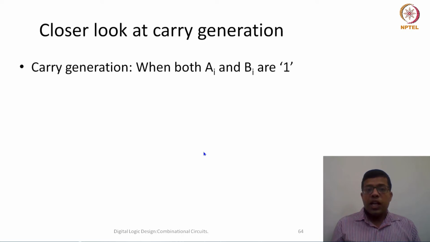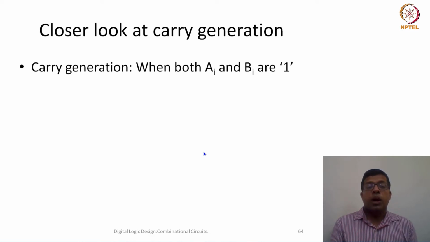But sometimes the carry need not be generated at the ith stage to be there at the I+1 stage. Sometimes a carry is coming from behind, from some of the previous stages, I-2, I-3, I-4, and then also carry could be there as an output, like Ci+1 could still be there because carry was generated somewhere in a previous stage. So how does a carry generated in a previous stage come as output at the ith stage?